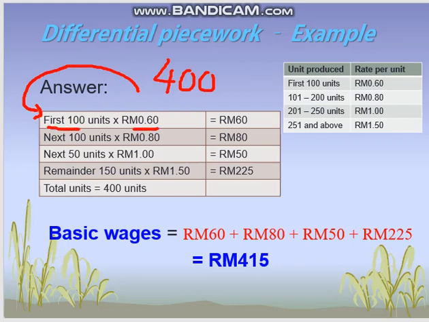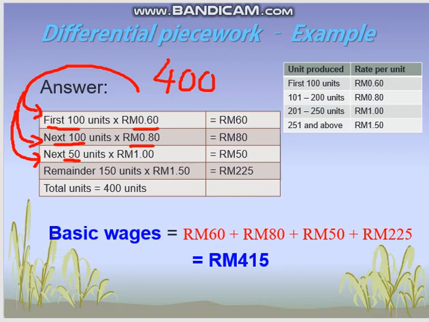The next 100 is paid 80 cents. How many units are left? Another 200. The next 50 units refer to the third level, which is 201 to 250 units.